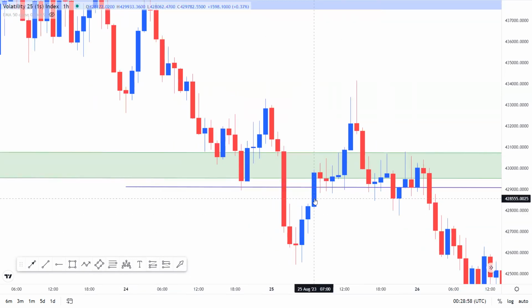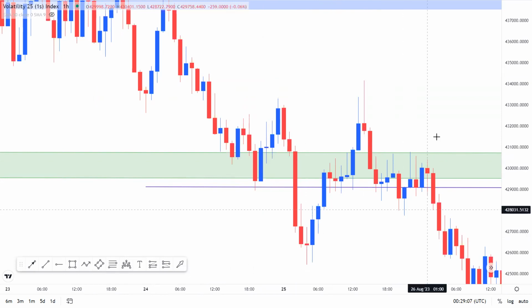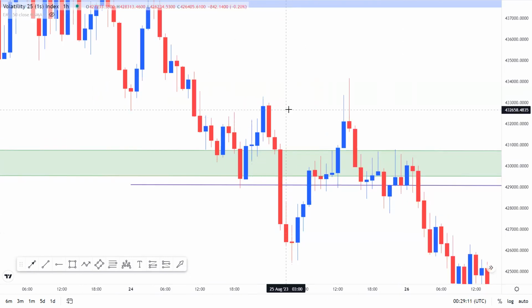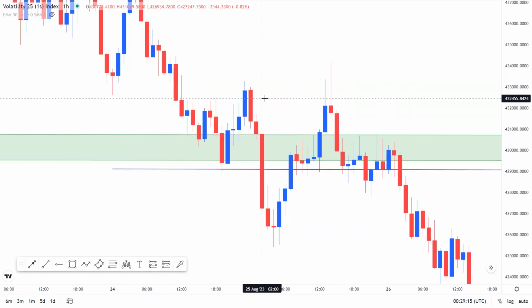Now, clearly I want to investigate what played out here and why I ended up jumping in on my sales at this level. What I would notice from the 1 hour time frame was the fact that price made a nice bearish impulse.